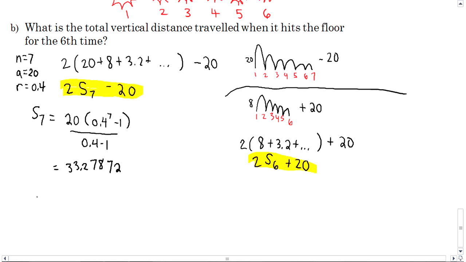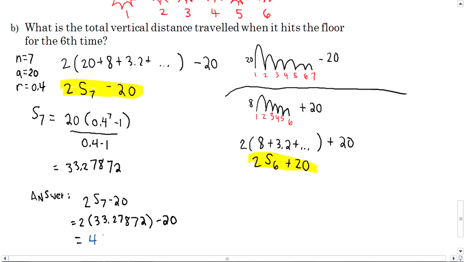Now the actual answer is 2 times S7 minus 20, so 2 times 33.27872 minus 20, and your answer is, to 2 decimals, 46.56 meters. So that's the total.